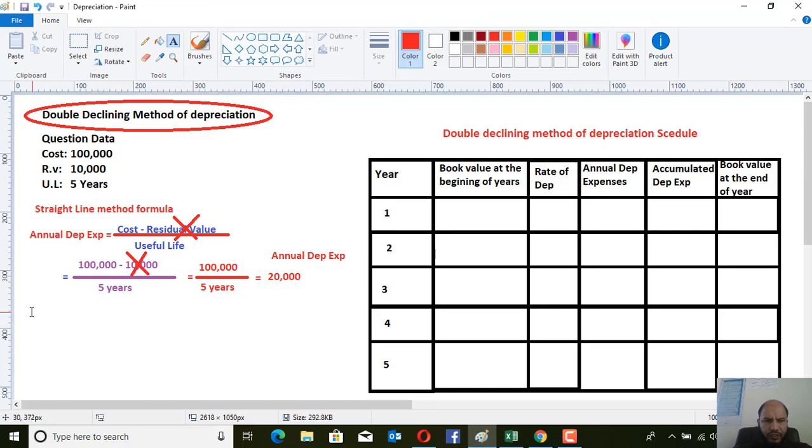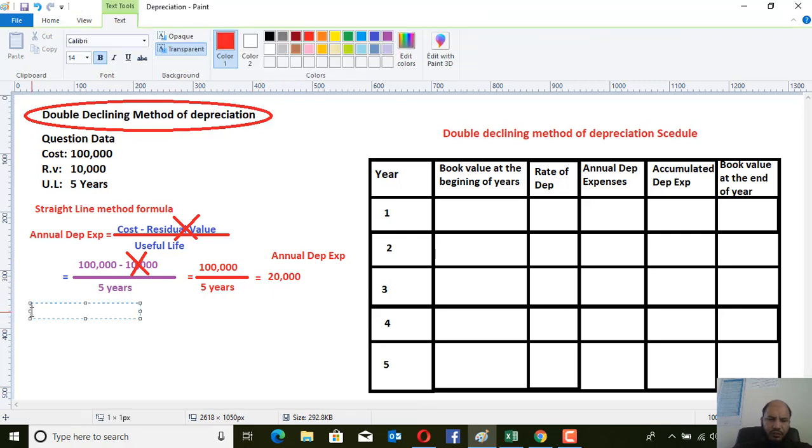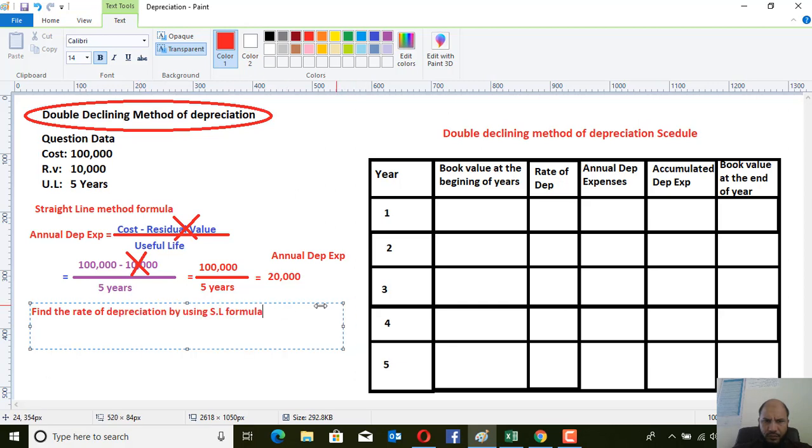So how to find the rate of depreciation? Find the rate of depreciation by using the straight line formula. So see, we will find the rate of depreciation and we will use the straight line formula.